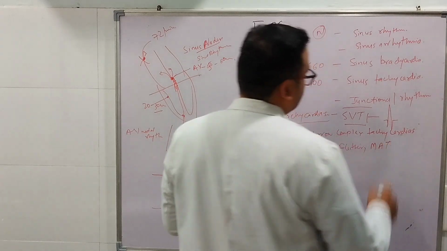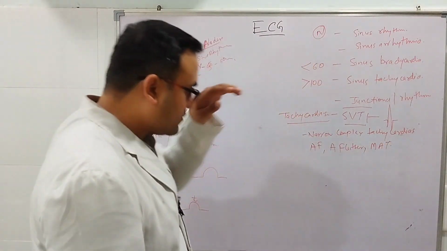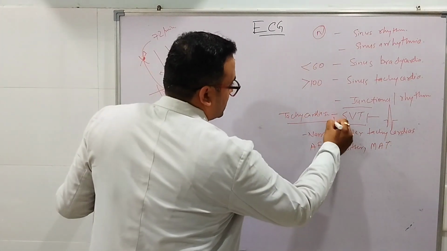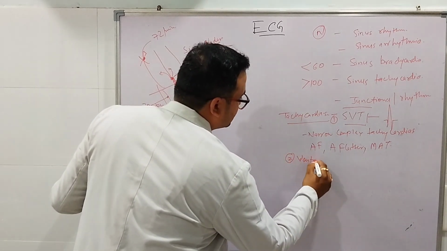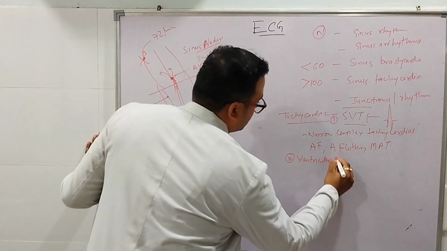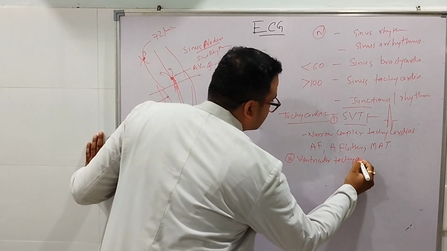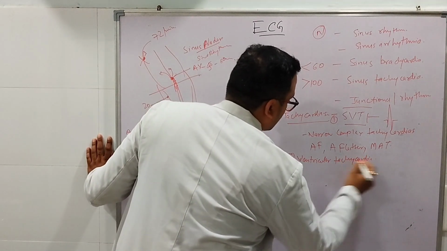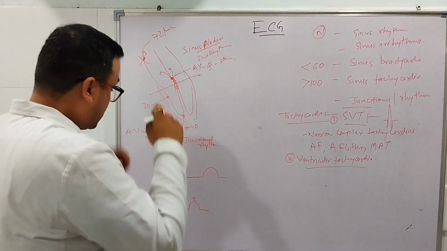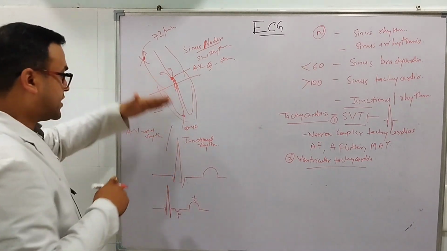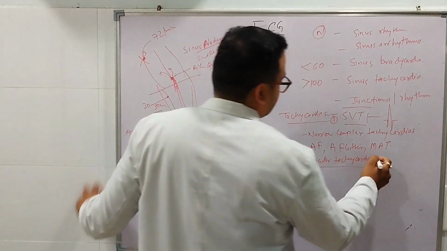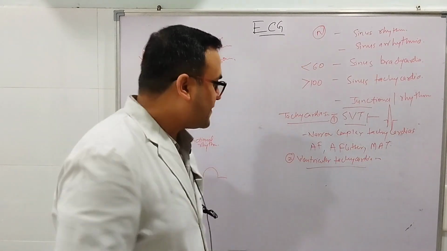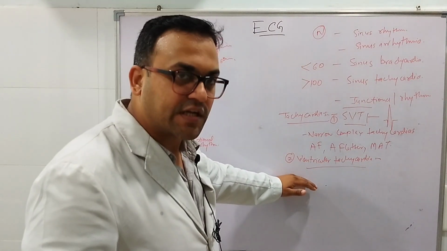Multifocal atrial tachycardia. Now next is ventricular tachycardias. When the pathology is below the AV node, in the ventricles below the AV node, and there is tachycardia, we call them ventricular tachycardias.